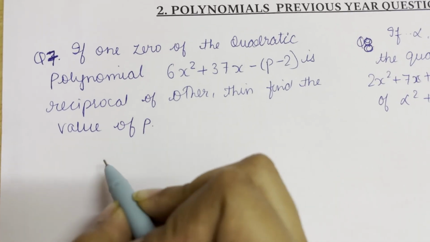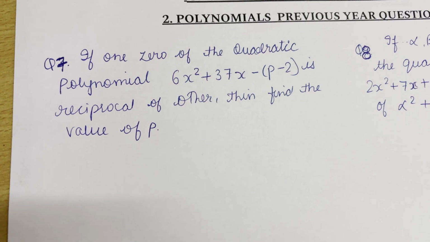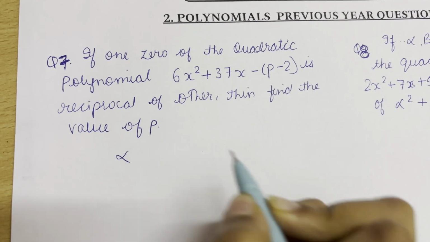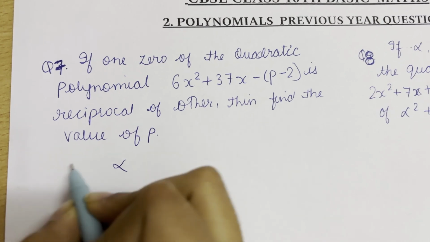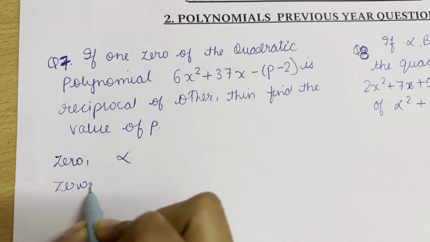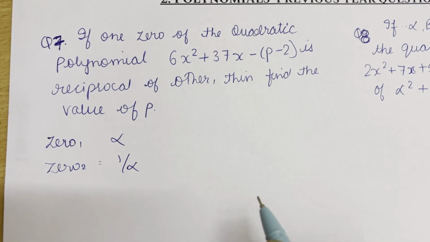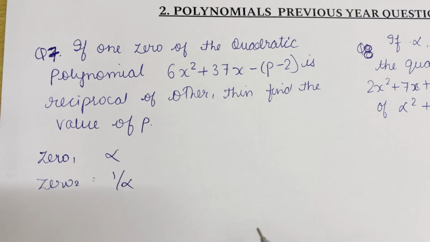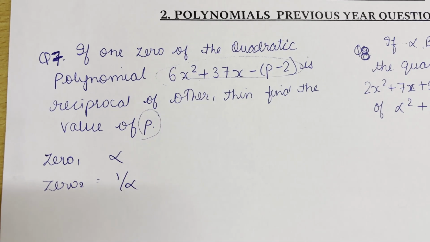If we assume that the first zero of the quadratic polynomial is alpha, then the other zero, let's say zero 2, is the reciprocal of the other, so it could be written as 1 by alpha. We are asked to find the value of p for this quadratic polynomial.